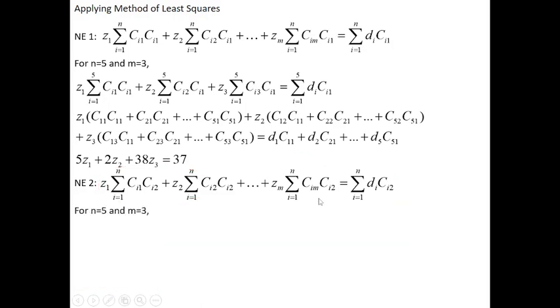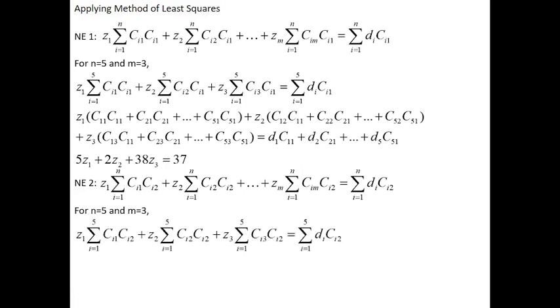Okay, so doing that, we have for n equals 5 and m equals 3. So we replace n here by 5. Okay, lahat ng n replaced by 5. Then we replace m by 3. So ito yung m, magiging 3 siya nun. Okay?